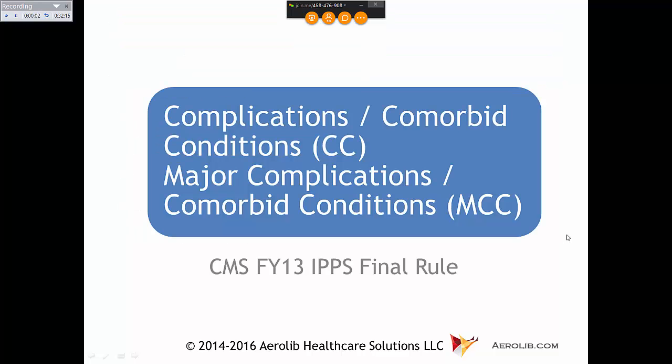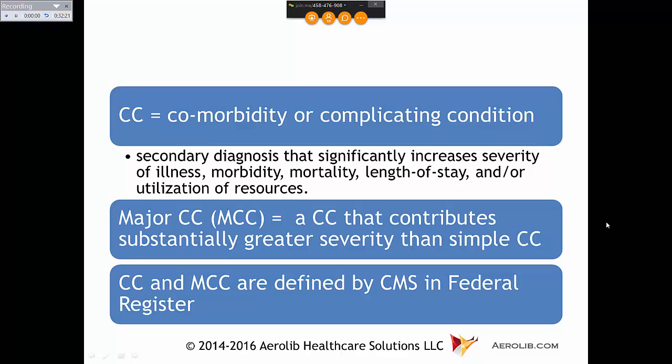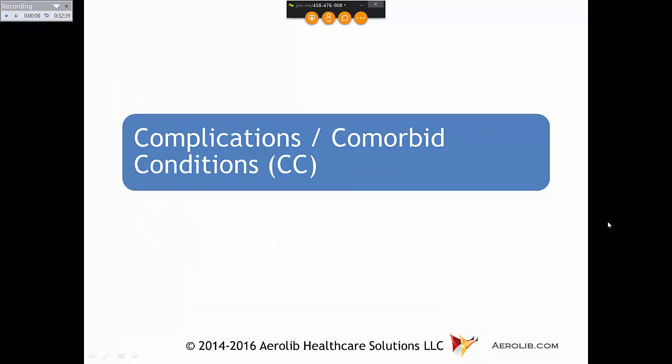Some of the slides here that you'll see about comorbid conditions are specific to CHF. Everyone who's attended these sessions in the past knows that CC means comorbid or complicating conditions, and the MCCs are CCs that contribute substantially greater severity than a simple comorbid condition. These are defined in the Federal Register.